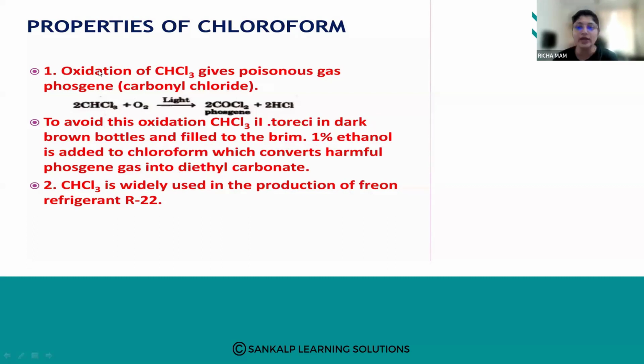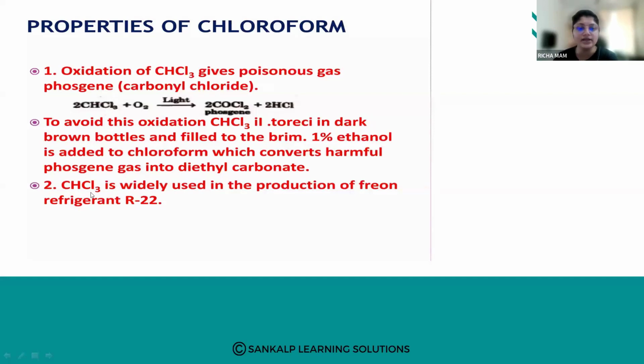We can avoid the oxidation of chloroform by keeping the chloroform in dark color, brown color bottles, so that it does not convert into the harmful phosgene gas.